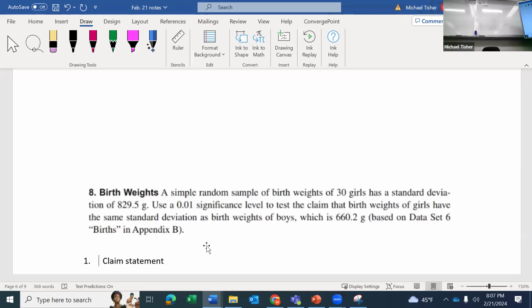We're saying that it's the same at 660.2. So same means equals. And then the symbol is sigma for the standard deviation. Yes, very good. Sigma.